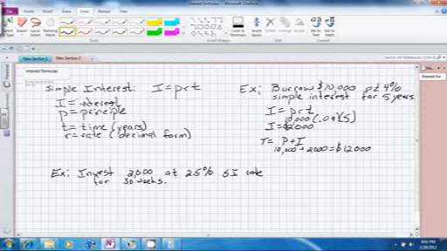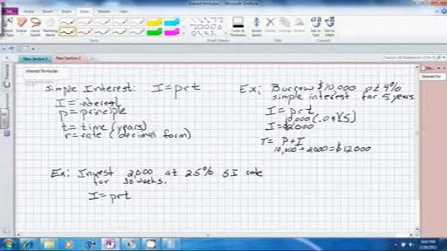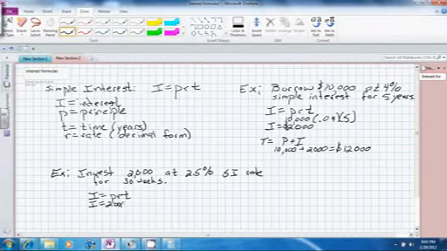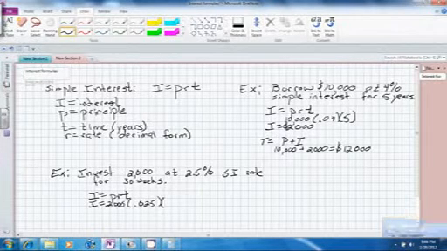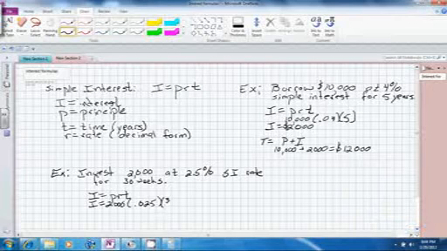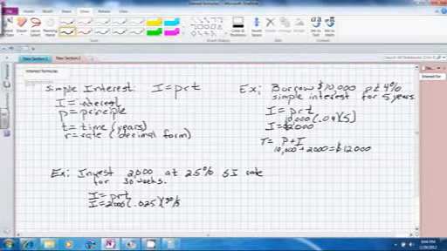How much do you have in your balance? So I per T. So interest is equal to 2,000 times your rate, 0.025, times your time, which is 30 weeks. Now in years, that would be 30 over 52.